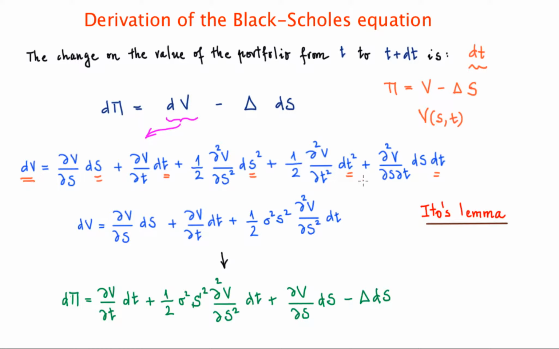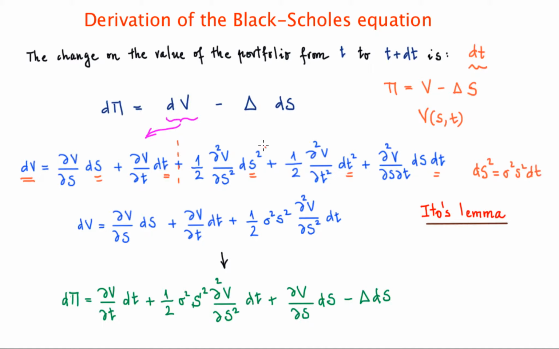But we are doing that going up to second order in these changes. Why are we doing that? Because in principle we should just cut it here when we just want to keep linear changes in ds and dt. But this s variable is not just a normal variable, it's a stochastic process. And in a stochastic process, as we have said before, when we consider the square of ds, we have a contribution which is linear in dt, sigma squared s squared dt.